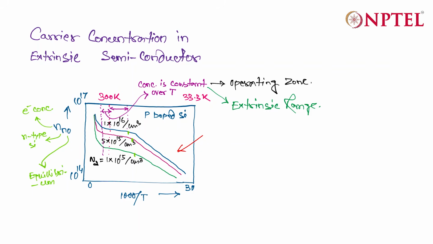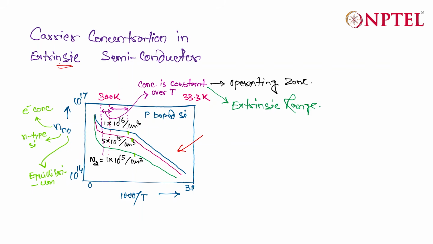Now, one thing you have to remember, if I say extrinsic, that means it has impurities. Now, for an extrinsic semiconductor, we have two different types of carriers, majority carrier and minority carrier. Majority carrier means, from the name itself, it's evident that majority of the carrier is of that type.